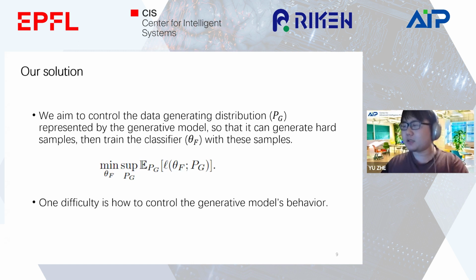In the inner part, we want to control the data generating distribution PG, so that the classification loss is maximized. In the outer part, we want to optimize theta F, so that the loss value is minimized. One difficulty here is how to control the generative model's behavior, which means how we affect PG.